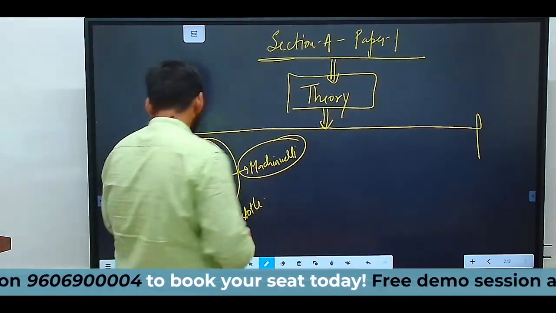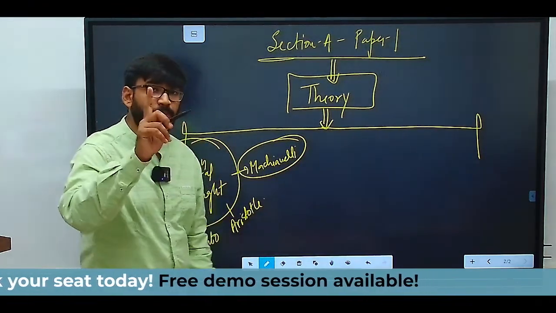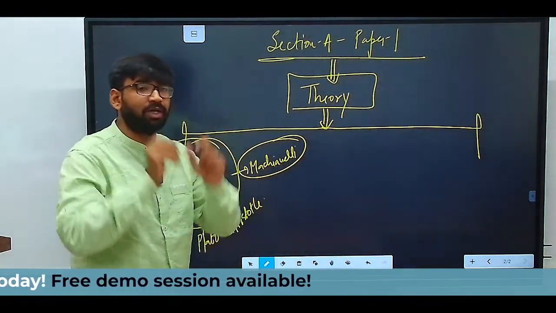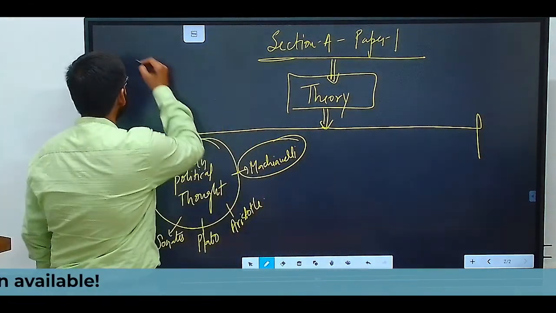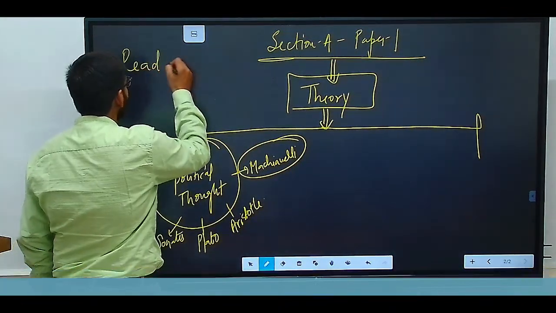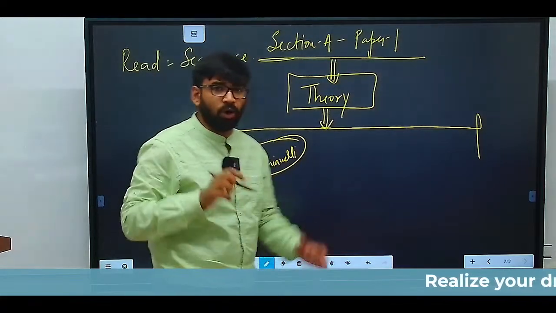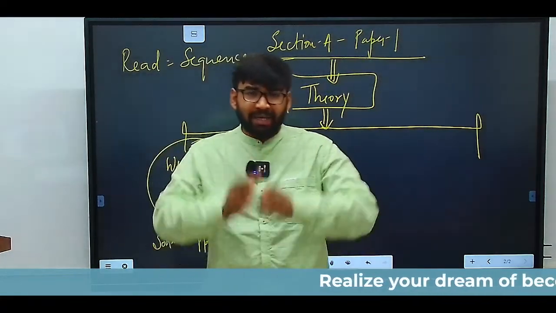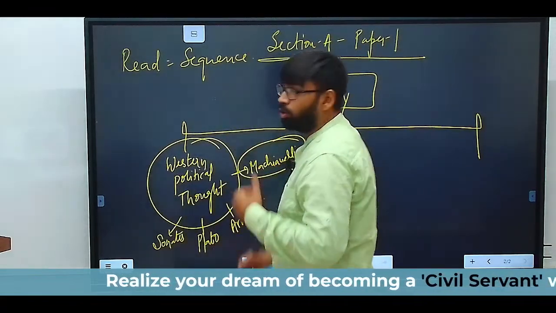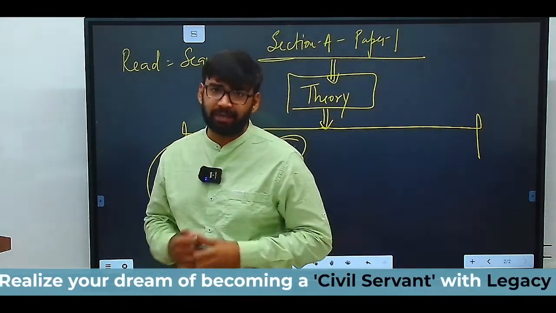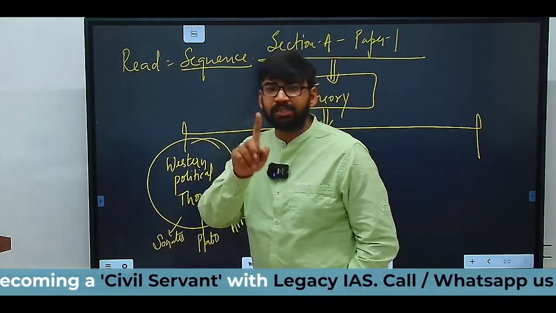First we will try to understand these things. Now the most important thing here is you need to understand how to read PSIR. Always read PSIR in a sequential manner, because one topic is related to another topic. Getting my point? A lot of overlapping is there, so you have to read this syllabus in a sequential manner.